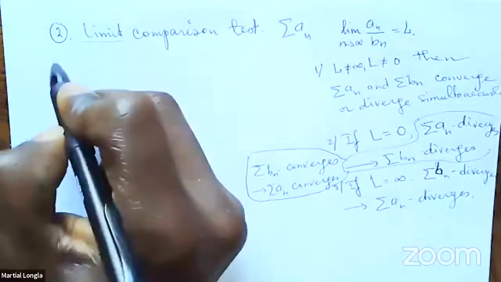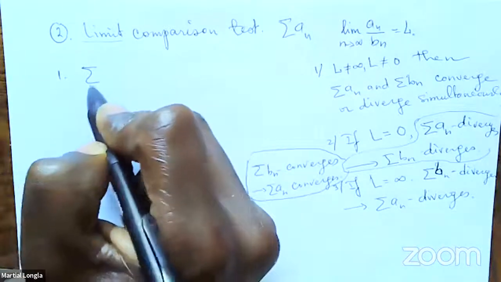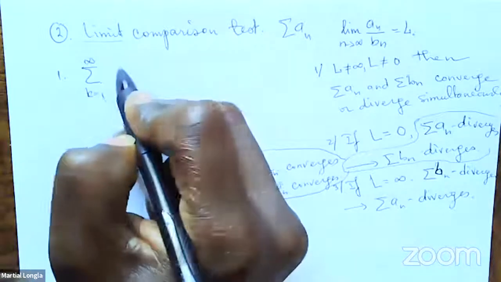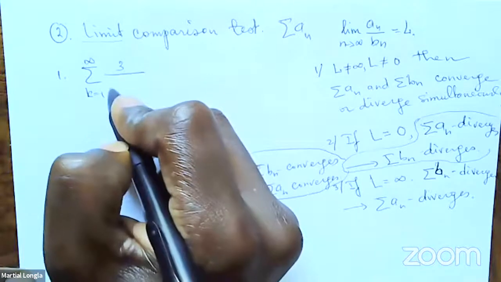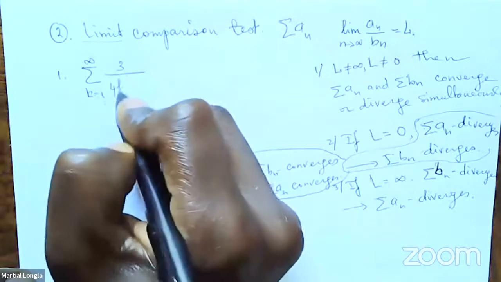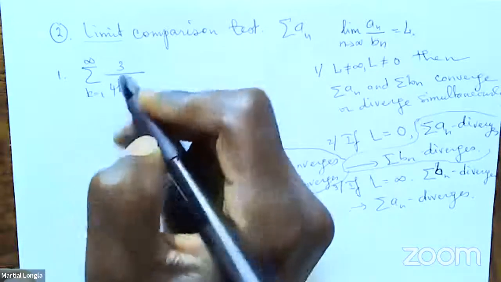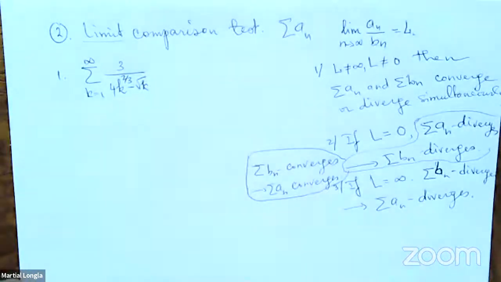Now let's get an example, same as what we did earlier: the sum from 1 to infinity of 3 over 4k^(2/3) minus square root of k. That same question that we answered using the comparison test.